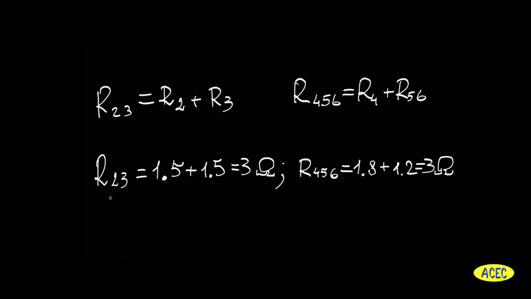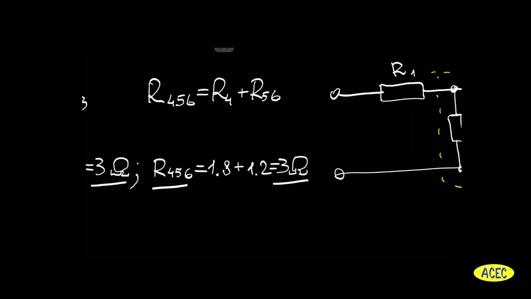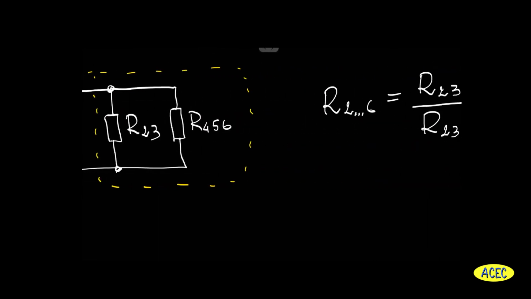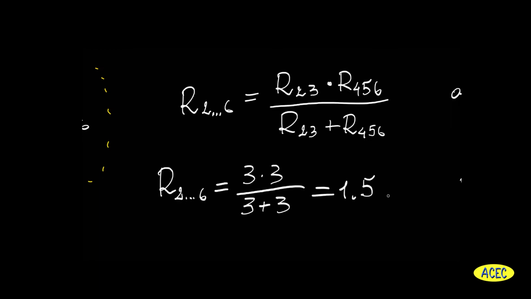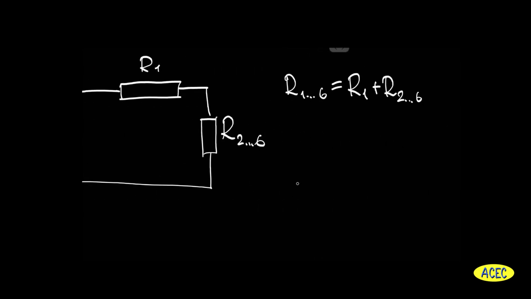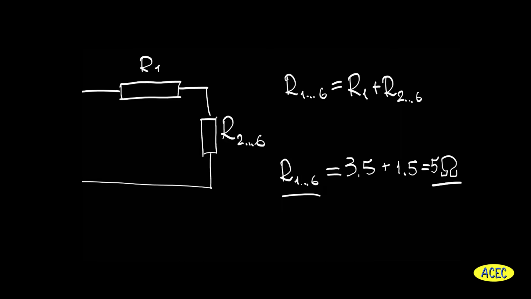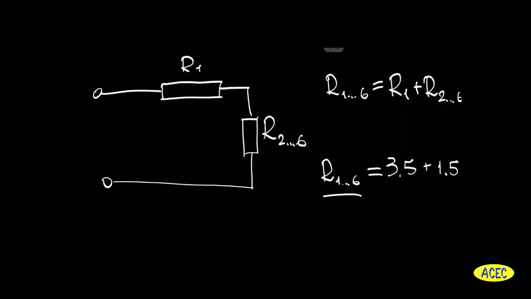Three ohms, okay. Resistor R26 has the value of 1.5 ohms. And the equivalent resistor of the whole scheme, R16, has the value of 5 ohms.